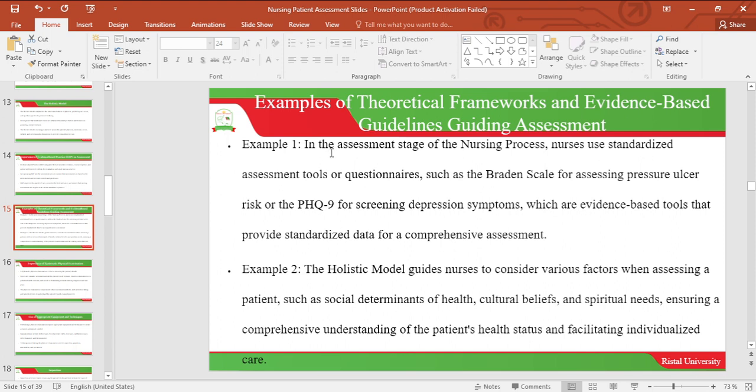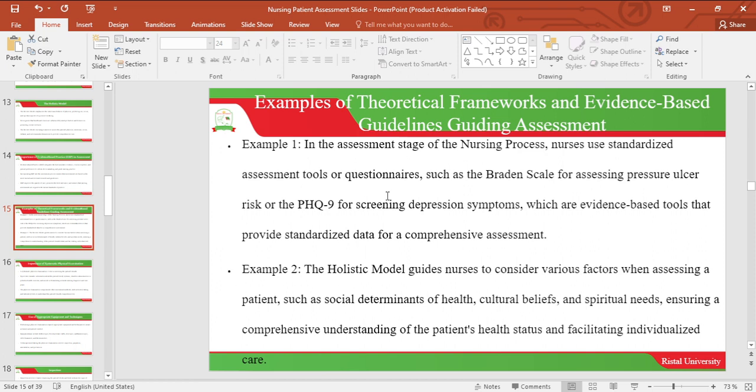Example number 1. In the assessment stage of the nursing process, nurses use standardized assessment tools or questionnaires such as the Braden scale for assessing pressure ulcer risk, or the PHQ-9, which stands for Patient Health Questionnaire.